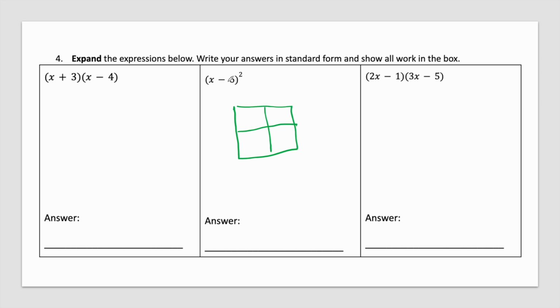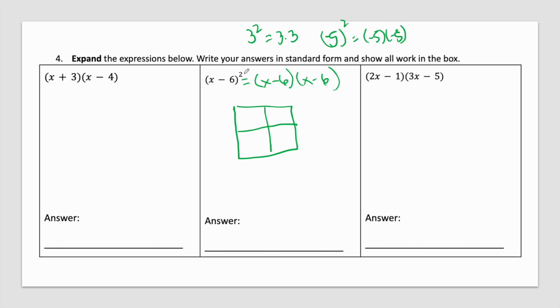And basically what this is saying, since it's squared, it's saying x minus 6 times x minus 6. The same thing twice. So anything that's squared means it's twice. So if I had 3 squared, really that means 3 times 3. If I have -5 squared, that really means -5 times -5.